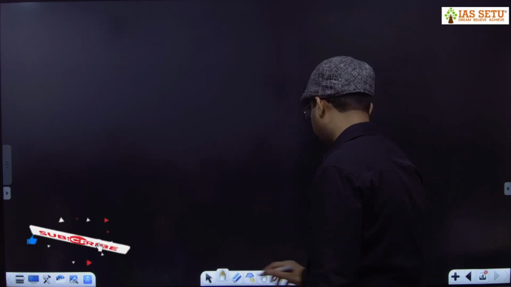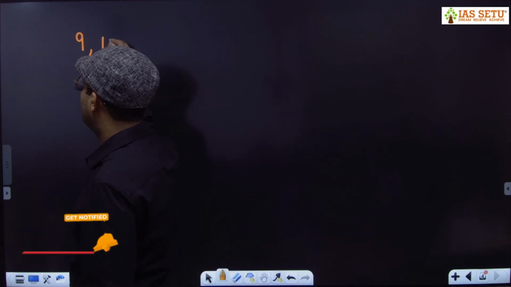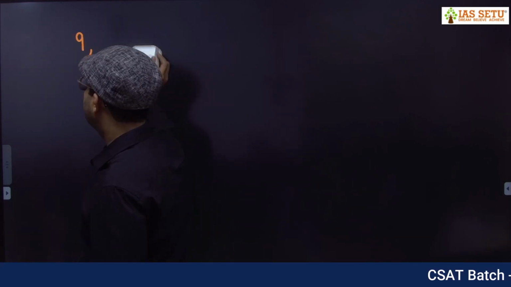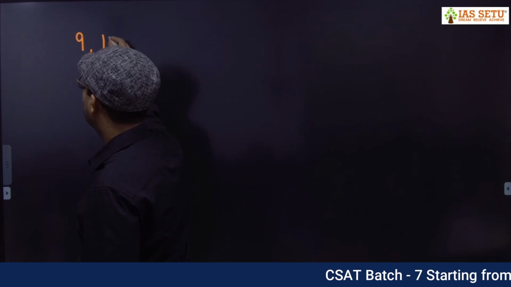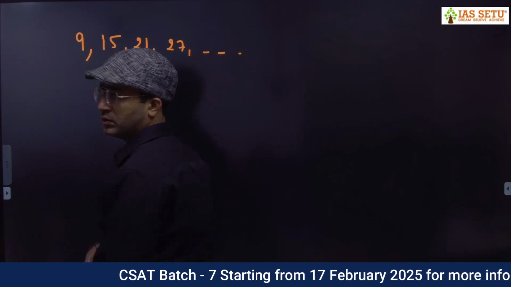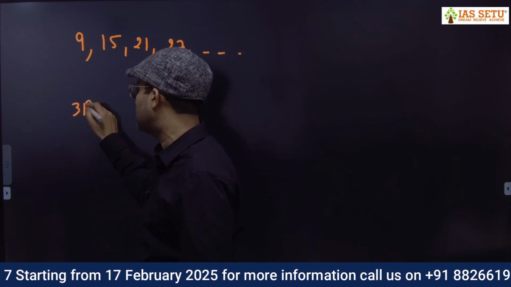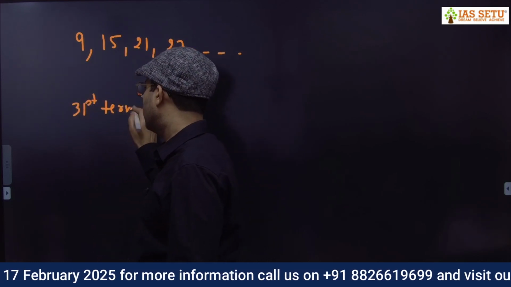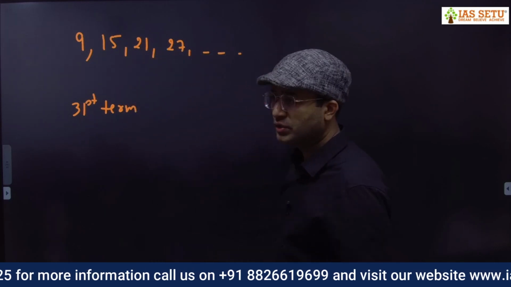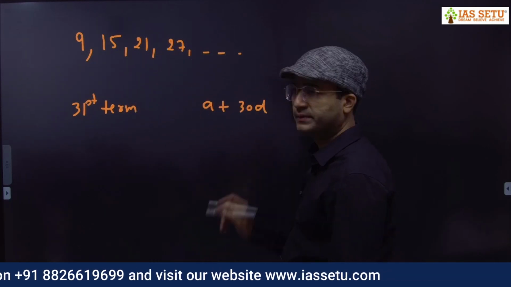Like the second question: 9, 15, 21, 27 and so on. What is the 31st term in this given AP? The 31st term is A plus 30D.